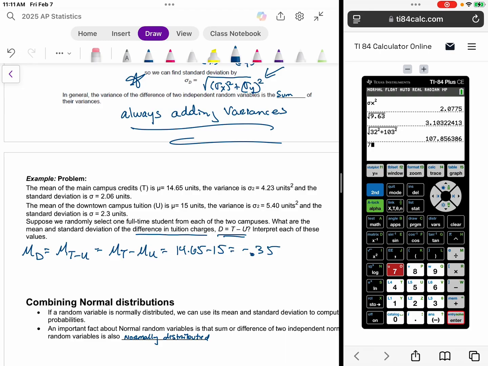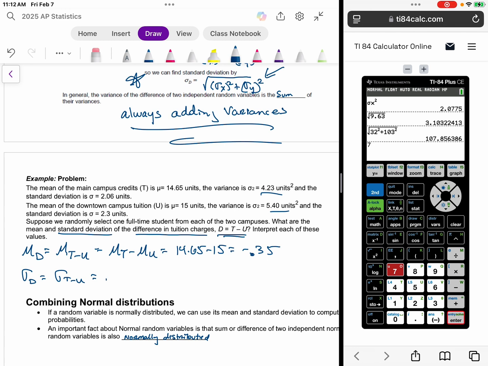Now, for standard deviation, we know we have to convert. Well, we don't have to convert. They do give us standard deviations there. So the standard deviation of T minus U, did they want variance or standard? Yeah, standard deviation. Okay.